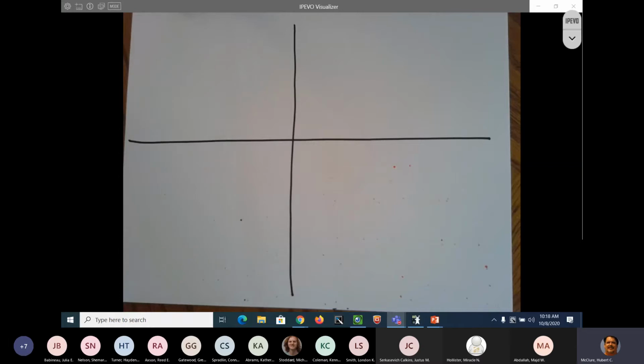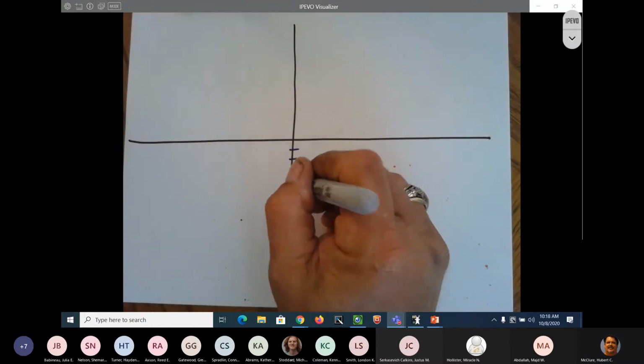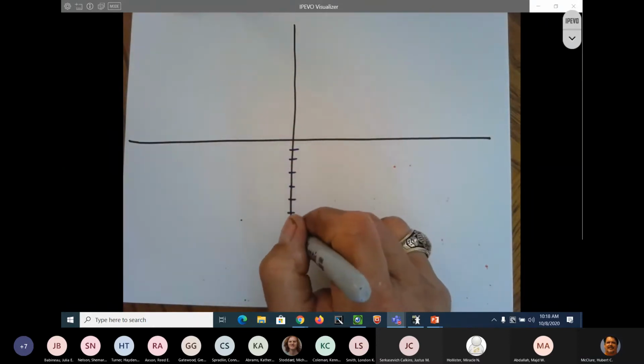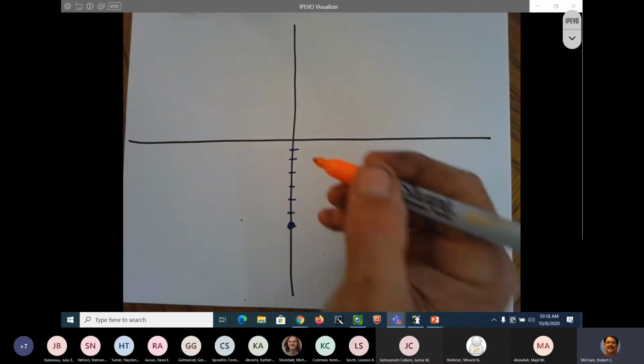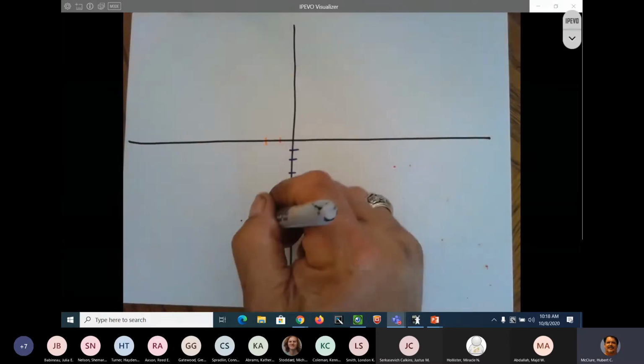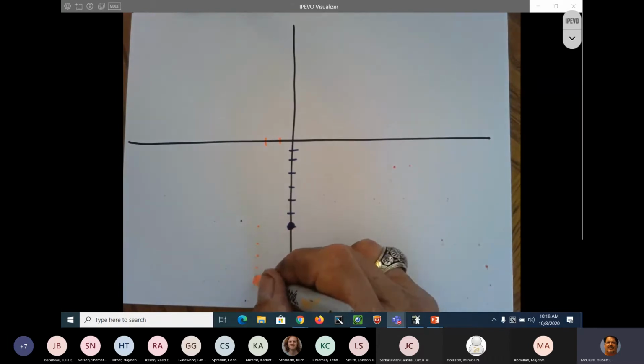Anyway, all right, so our y-intercept is -7. There's our y-intercept. Our vertex is (-2, -11). There's -7, 8, 9, 10, 11.